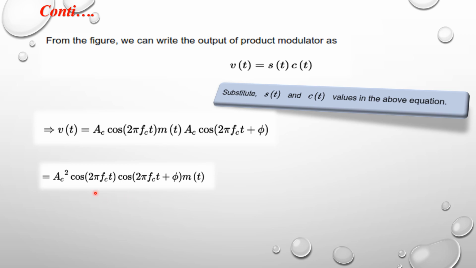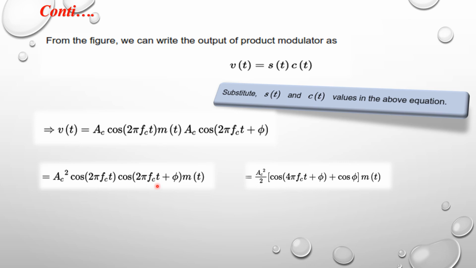The last two terms are in the form of cos A and cos B. So we know that cos A cos B is equal to 1 by 2 [cos(A plus B) plus cos(A minus B)]. Here this is the A value and this is the B value. Just expand the equation. So we get AC square divided by 2 into cos(A plus B).